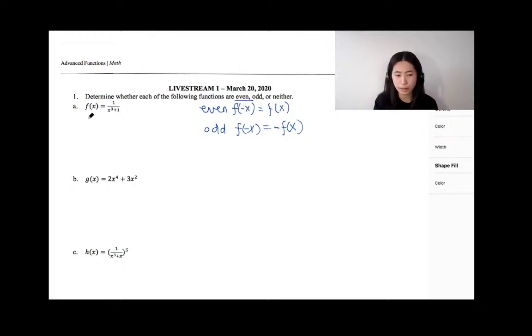So let's start off by plugging in f of negative x right here. Okay, so we do have 1 over negative x, and then you need to cube this, right? Plus 1. So if you think about cubing negative 1, right?